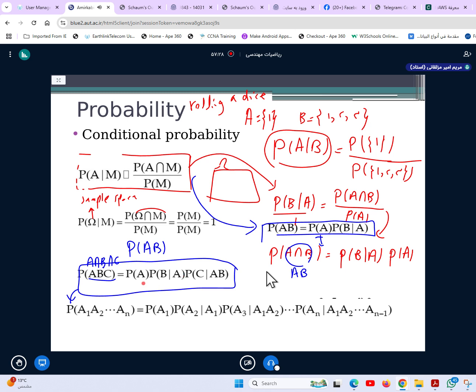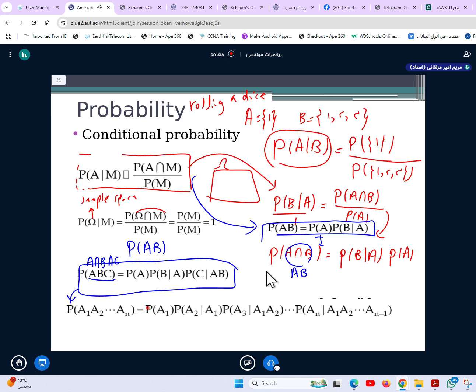We can use the above formula and extend that formula for this case. This formula is equal to probability of A1, probability of A2 given A1, probability of A3 given A1 and A2, until probability of AN given A1, A2 to AN minus 1.